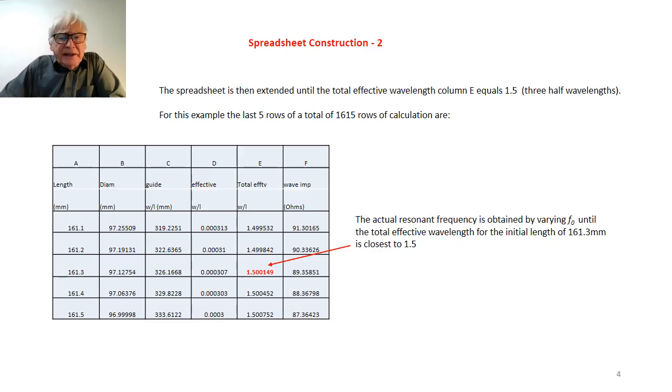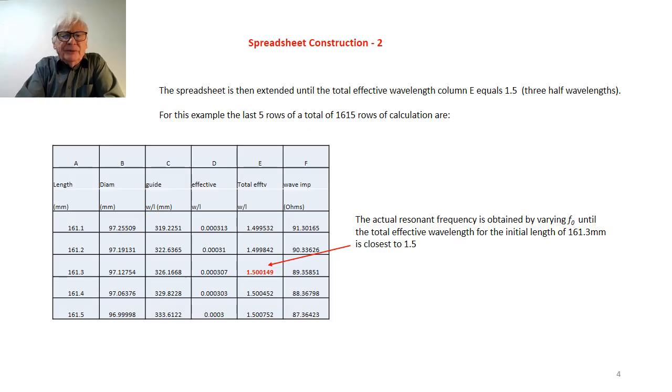And long before we get there, actually, we are looking in column E, which is the total effective wavelength, until we see it getting as close to 1.5 as the resolution of this particular spreadsheet allows us to get to.